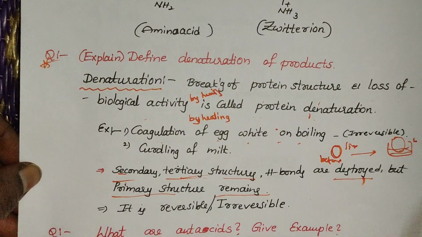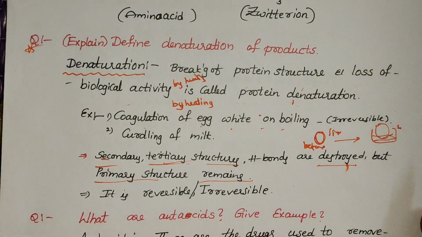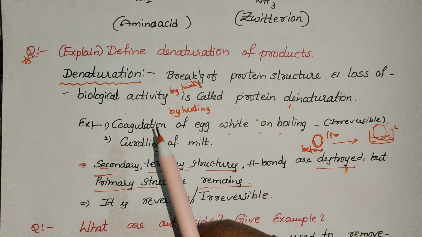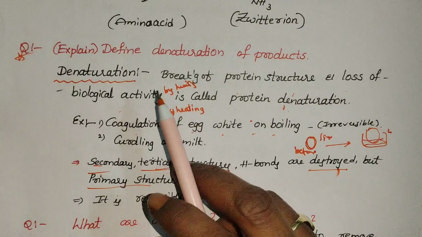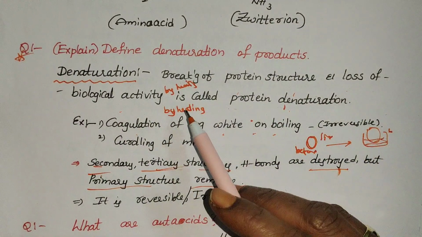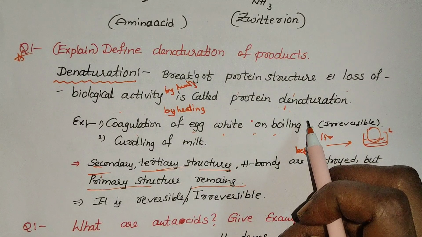Next, define denaturation of proteins. It may be asked sometimes as a VSAQ and sometimes as an SAQ also. Denaturation, breaking of protein structure and loss of biological activity by heating, is called protein denaturation.